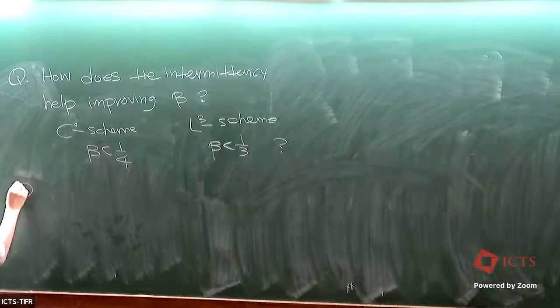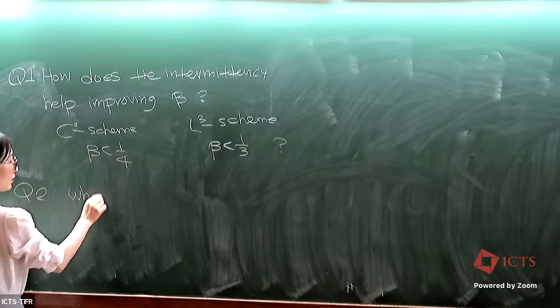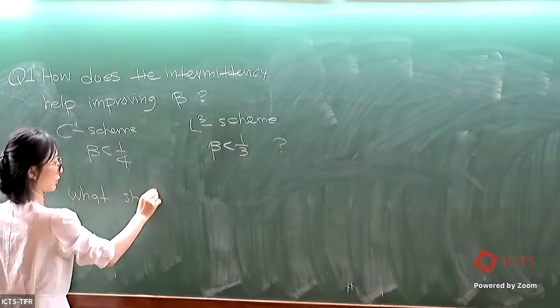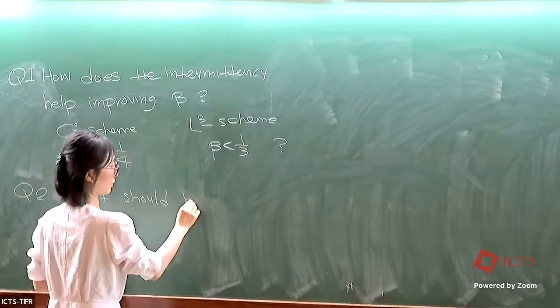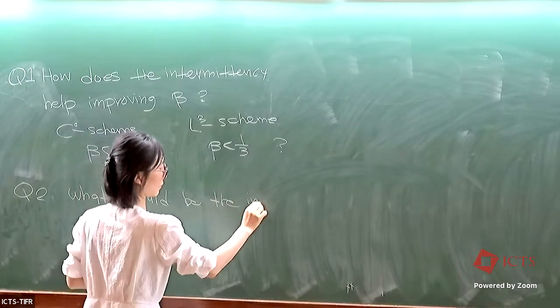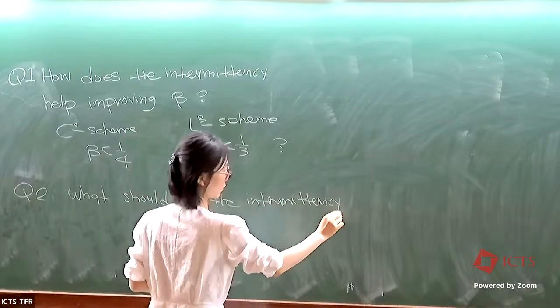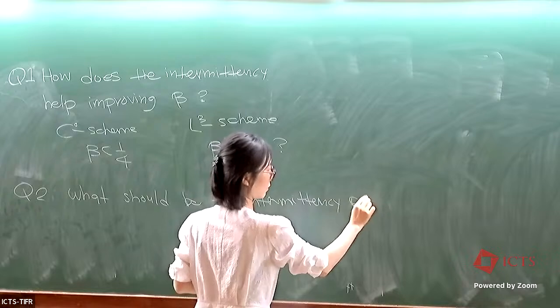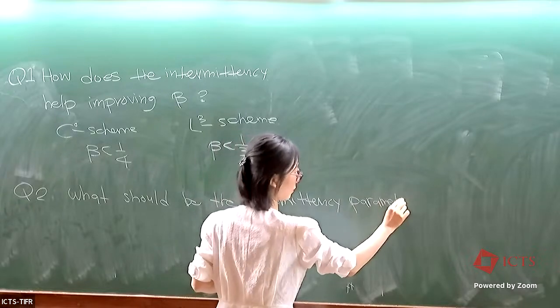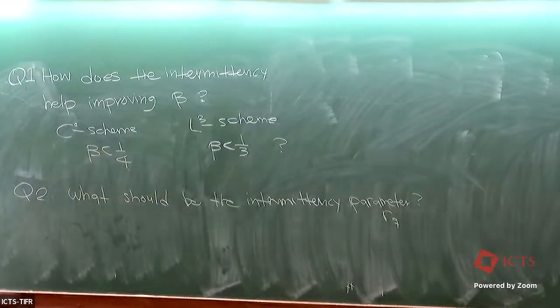And as Ujjwal just asked me, what should be the right amount of the intermittency? So how do we choose RQ?